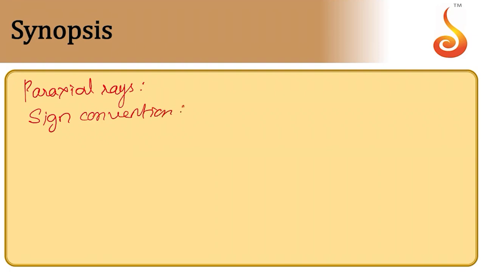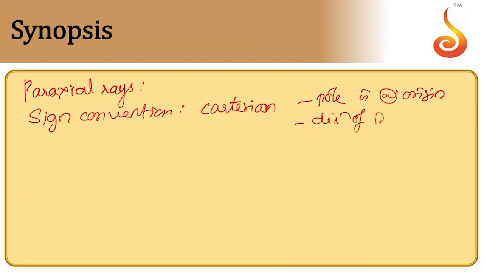It's basically Cartesian sign convention, according to which the pole is at the origin and the direction of the incident ray is taken as positive x-axis, and vertically up positive y-axis.